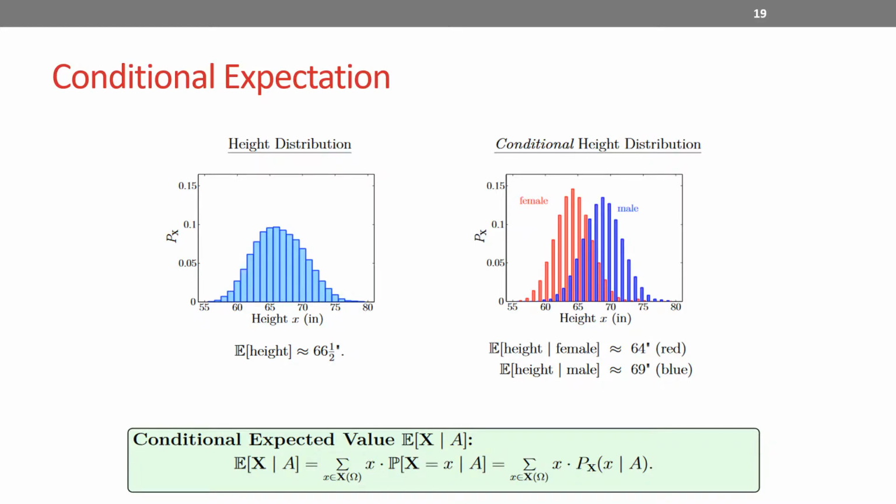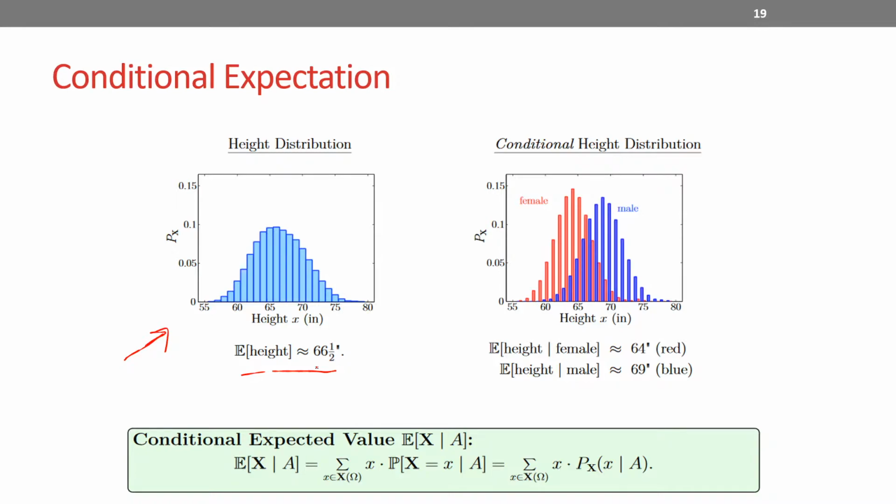So we can actually compare that using this pictorial representation of heights of people in the US, right? So here is the probability distribution function, and the expected value is somewhat 66.5 inches, right? And this is for the entire population. Now you can think about it in terms of there are different types of subpopulation in the US.